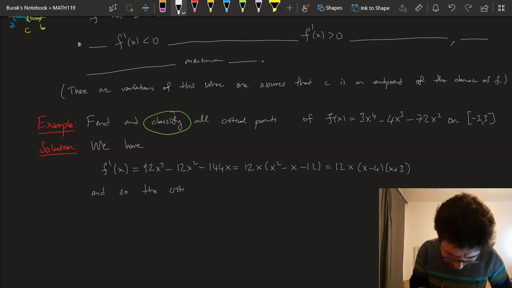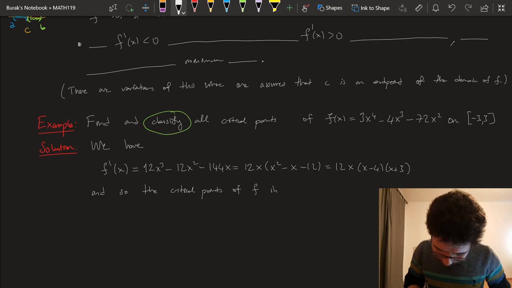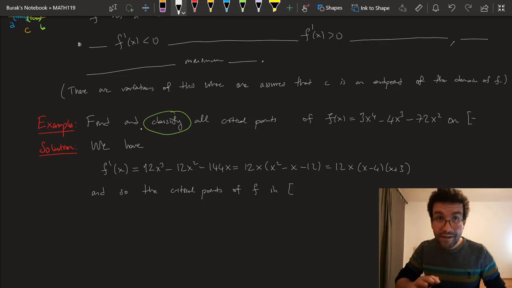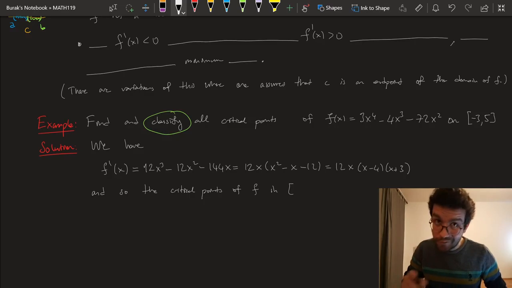So the critical points of f in this interval, I'm going to pretend that the interval was -3 and 5, not 4, 3.